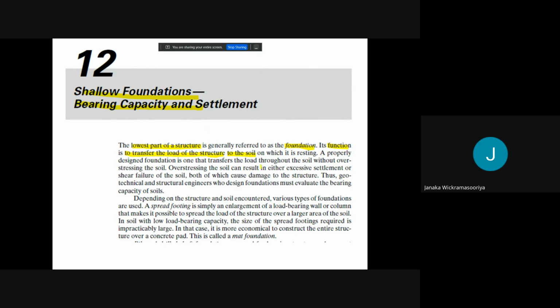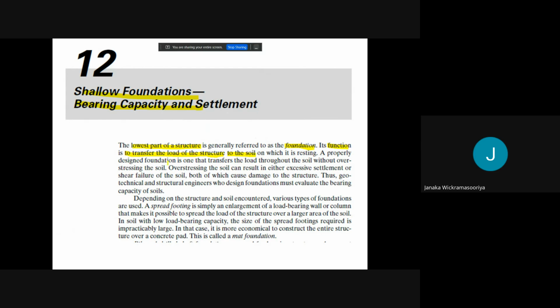Now you have the superstructure on top of the soil. Then the function of the foundation is to transfer the load from the superstructure to the soil on which it is resting. That means soil.